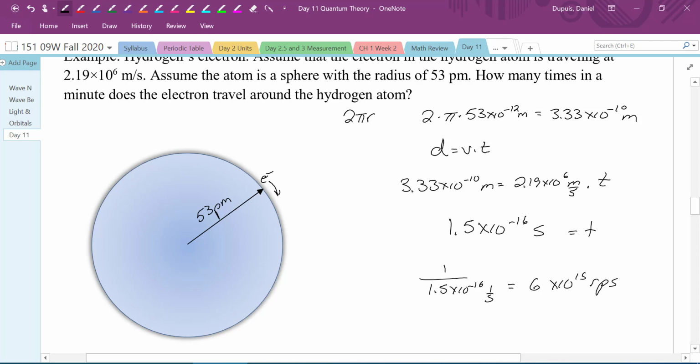All right? In one dimension. So that's a lot of rotations per second in one dimension. That's a lot of times in a second. So in 1 second, it went around 6 times 10 to the 15 times.